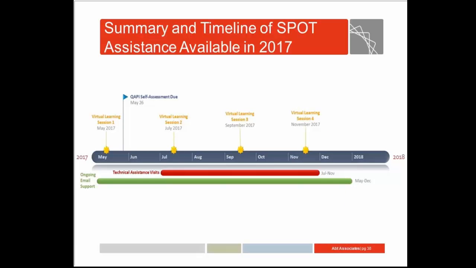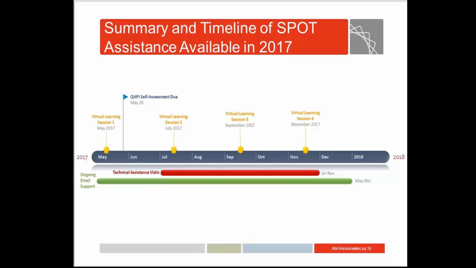So just to review the types of SPOT technical assistance activities that you will have the opportunity to participate in 2017, I want to quickly go over this timeline. First, your team will conduct a self-assessment to provide us with insight into what technical assistance and training might be most useful to your teams, and that will be submitted by May 26th.